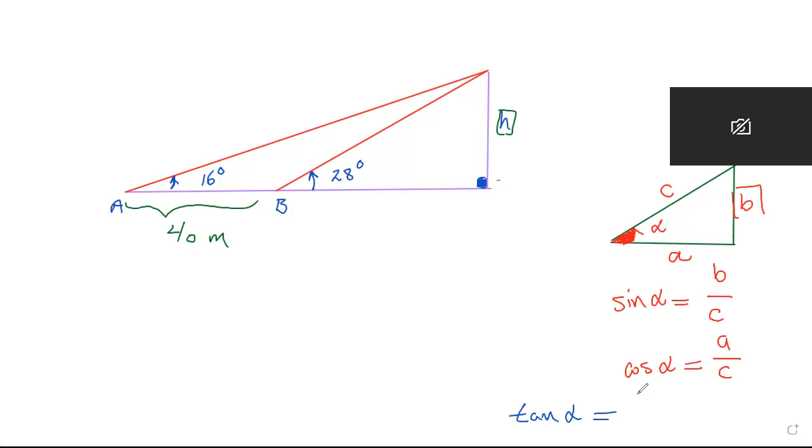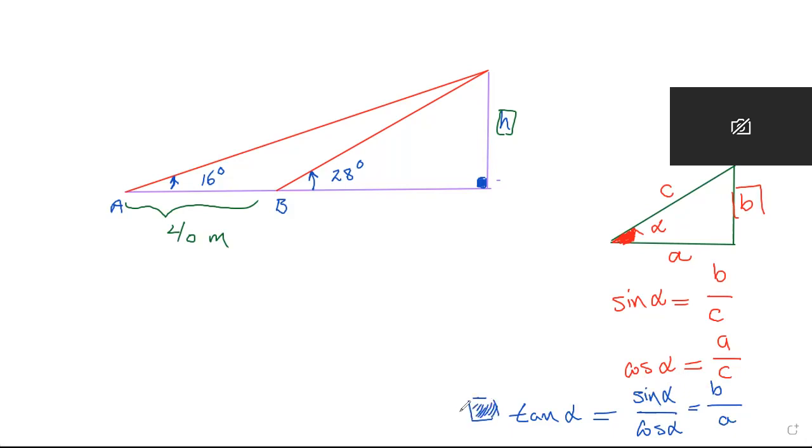Then we said the tangent of alpha is the ratio of sine of alpha over cosine of alpha. Because they have the same denominator, it cancels, and you are left with the opposite length over the adjacent length, which is B over A. That's very important for this problem.